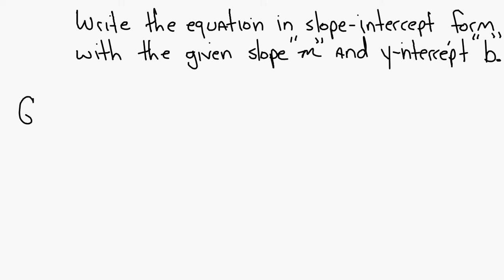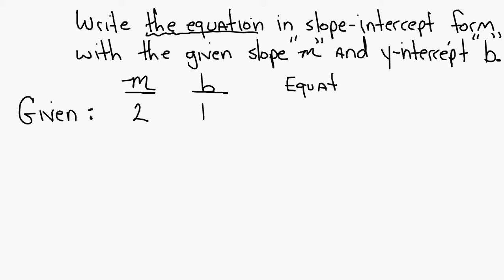So if you are given, all right, let's say the m and the b. The m is the slope, the b is the y-intercept. If you're given the slope as 2 and the y-intercept as 1, and you're writing the equation now. It's just like the first exercises we did, but in reverse.